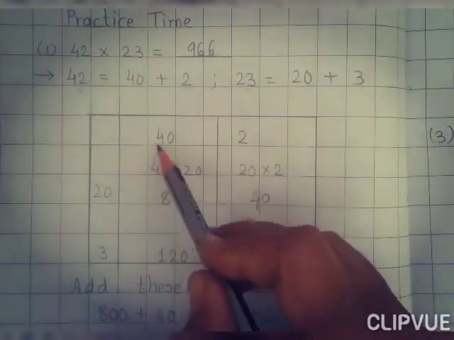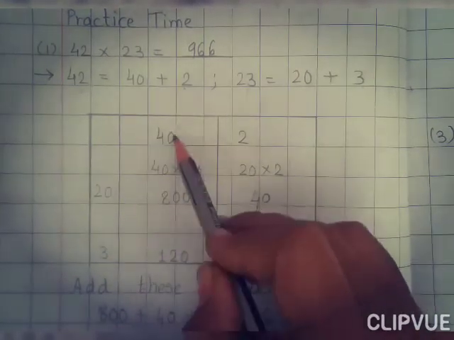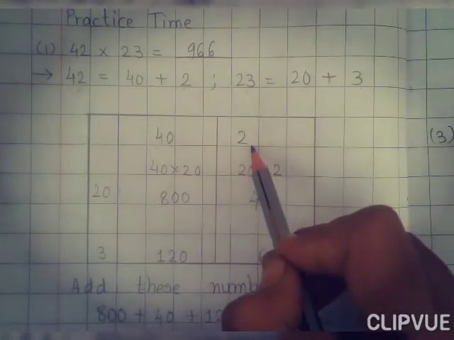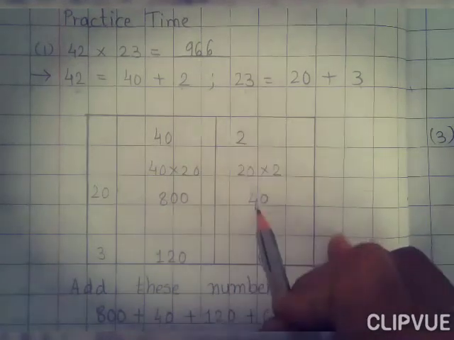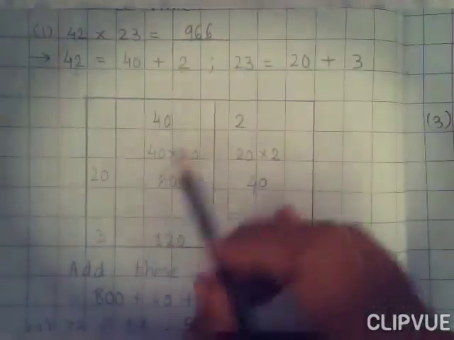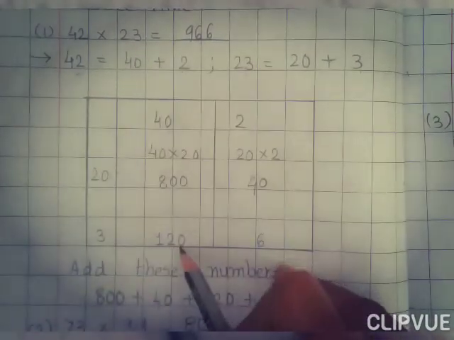After that you have to multiply the first row and the first column. 4 2s are 8 and 0 0 means the answer is 800. And the second column and the first row, 20 multiplied by 2, here 2 2s are 4 and the 0 2s are 0. Now the next row, the first column and the second row, 40 multiplied by 3 you get 120.